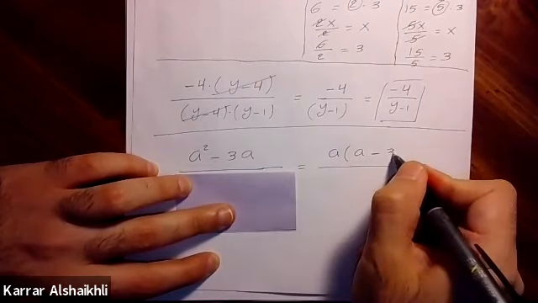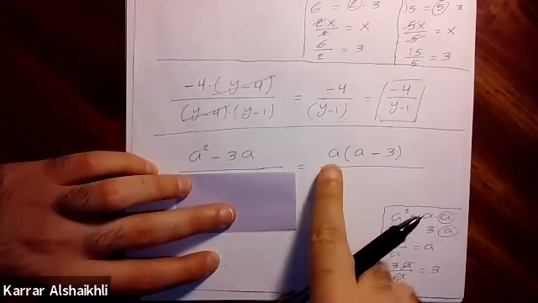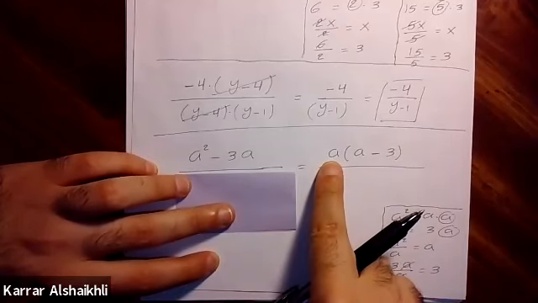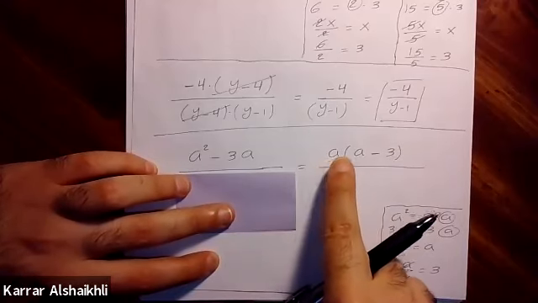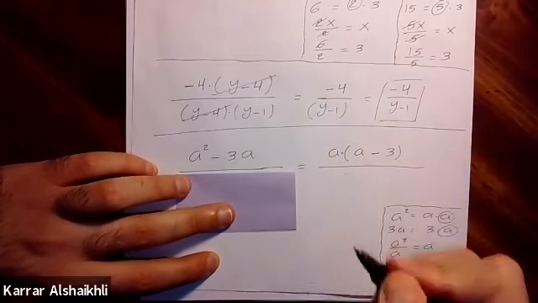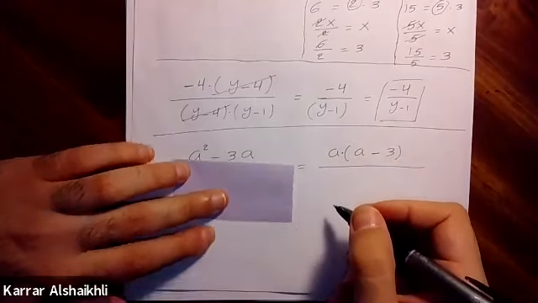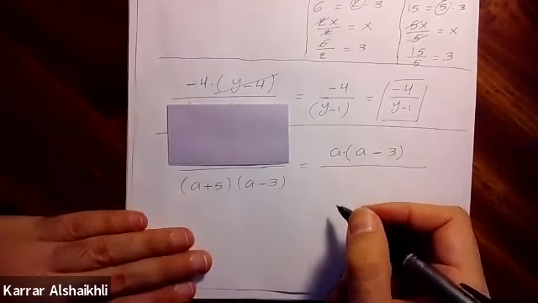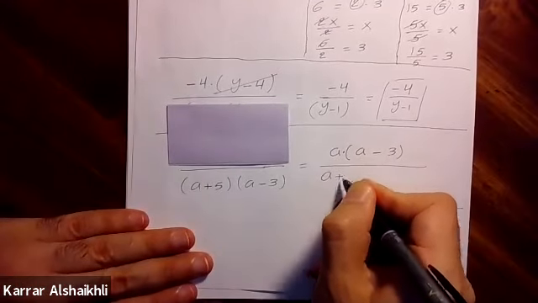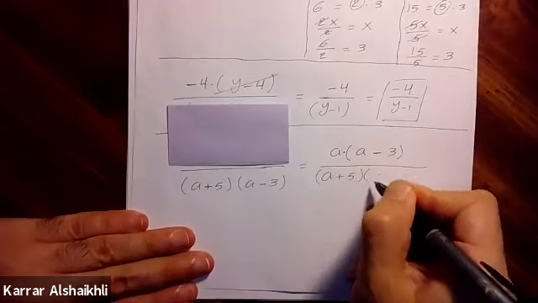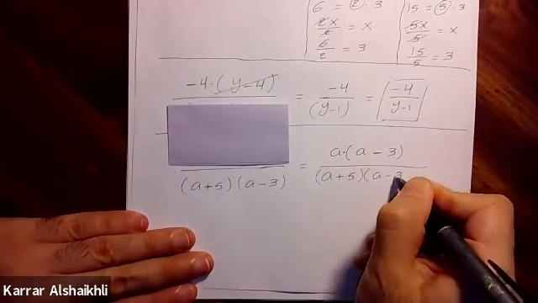So it's going to be minus 3. Now, if you check, we have a variable times parentheses. That means multiplication here. On the bottom part, I can't do anything, so I'm just going to write it down: A plus 5, A minus 3.